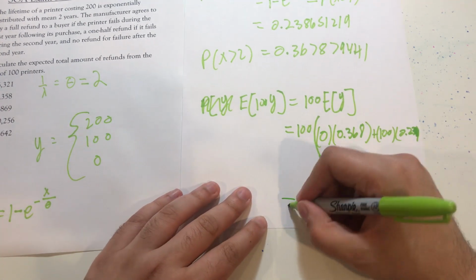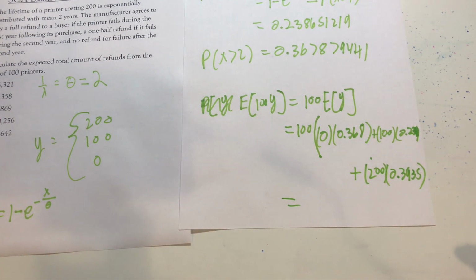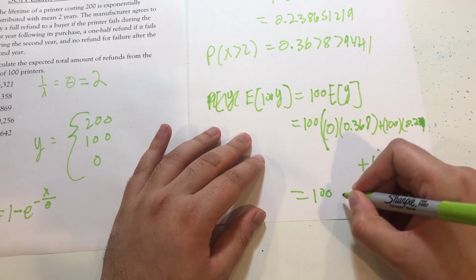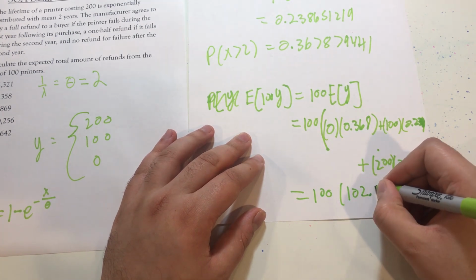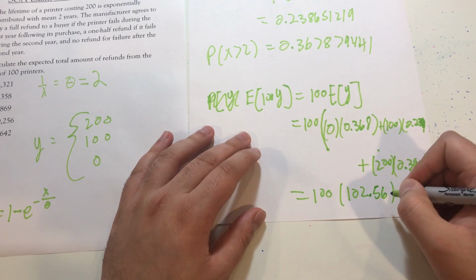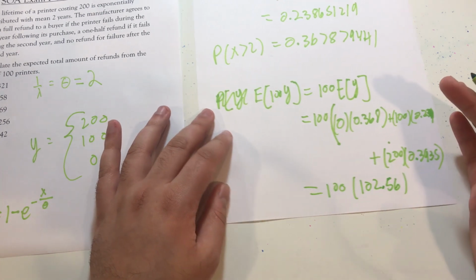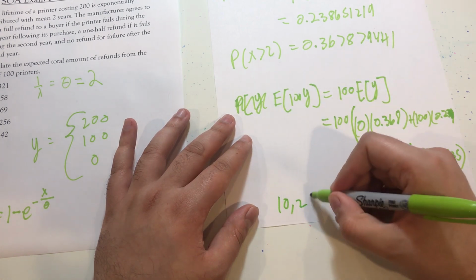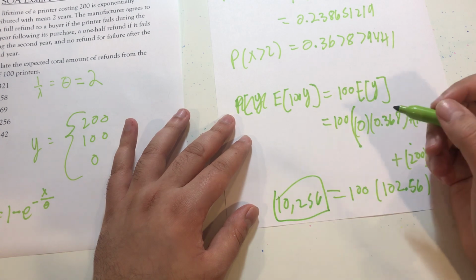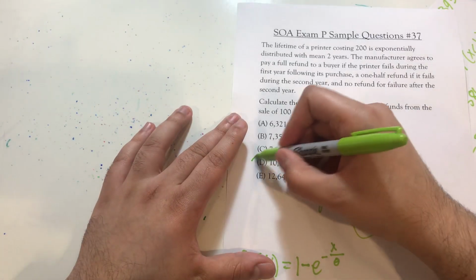Computing that gets me 100 multiplied by 102.56. Therefore, my expected refund for 100 printers is 10,256. Lines up with answer choice D.